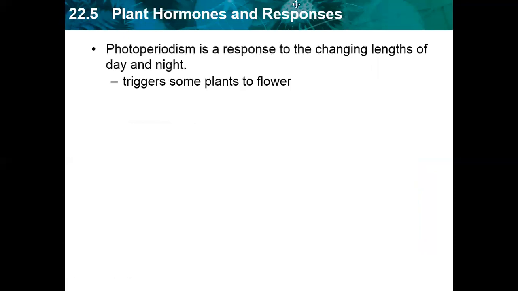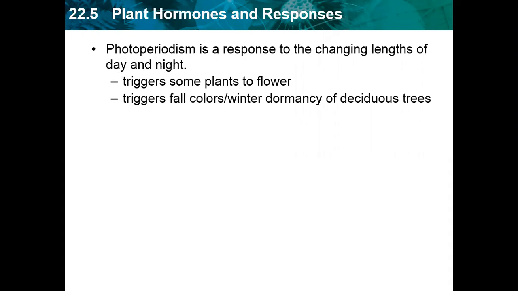Photoperiodism is a response to light. It is a response to the changing length of day and night, and it triggers some plants to flower, because when the environment changes or when the season changes, it triggers some plants to release flowers, and also it triggers fall colors or winter dormancy in deciduous trees.